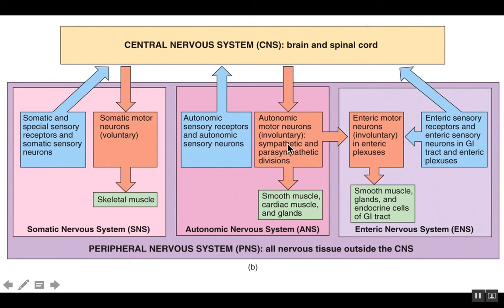Autonomic nervous system, this is where we're going to spend most of our time looking at involuntary control of smooth muscle organs, the heart and glands, using either sympathetic impulses or parasympathetic impulses. Enteric nervous system we'll talk a little more about in A&P2, but you'll notice this little arrow refers to the fact that your autonomic nervous system does influence the enteric nervous system.